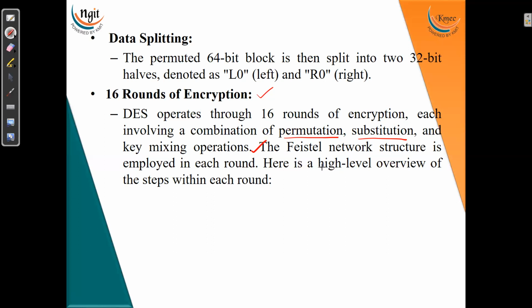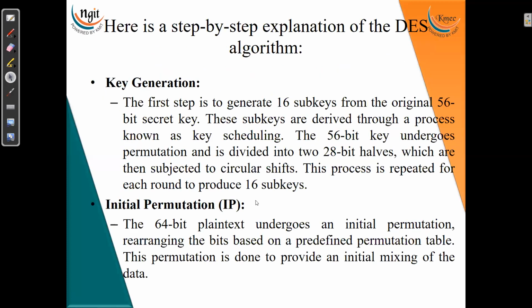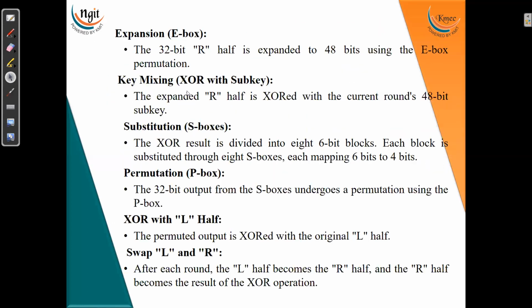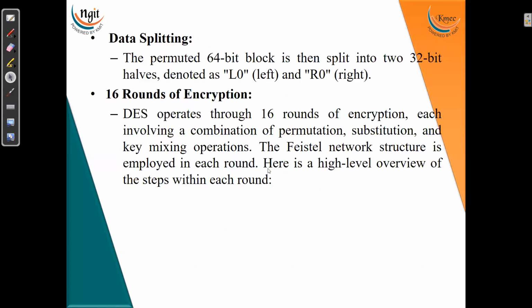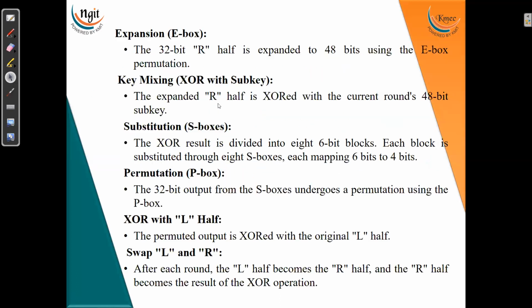The Feistel network structure is employed in each and every round. Here we have a high-level overview of each step and how we are going to follow it. This is the step-by-step procedure of the algorithm, and now we'll see the 16 rounds of encryption step by step.